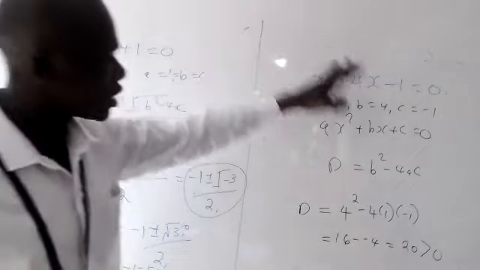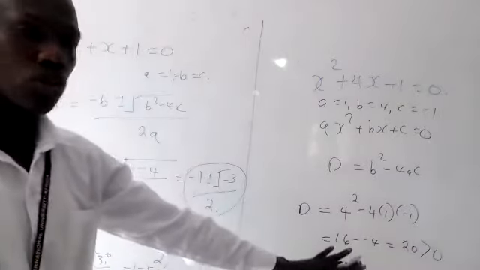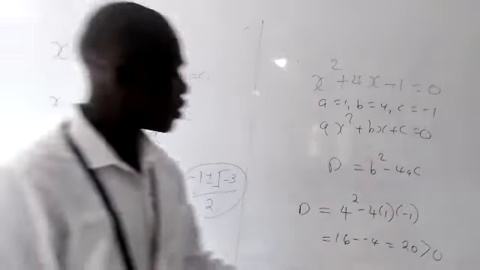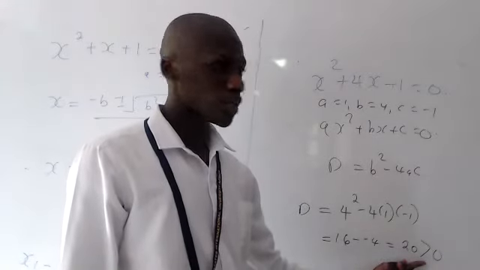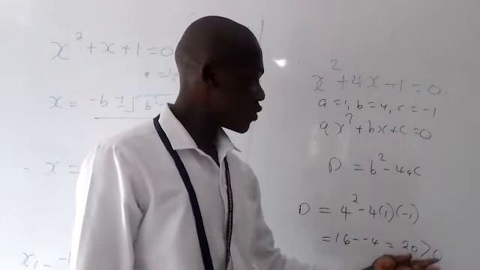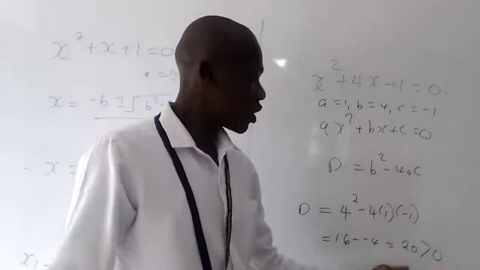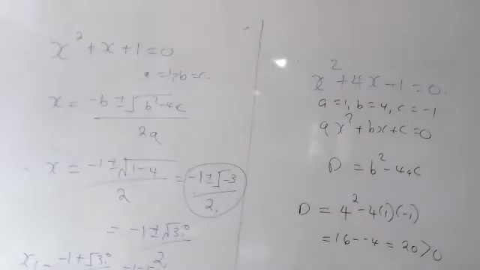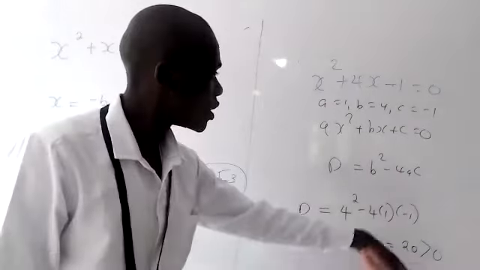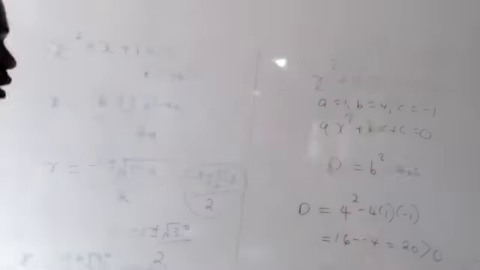You are supposed to find the discriminant and then make a conclusion on the sign. Some of you arrived at this but did not make any conclusion, and I was denying you a mark for that. Because if you just give me the discriminant and you don't tell me the conclusion. Those who just got 20 and did not conclude, I was denying you some marks.